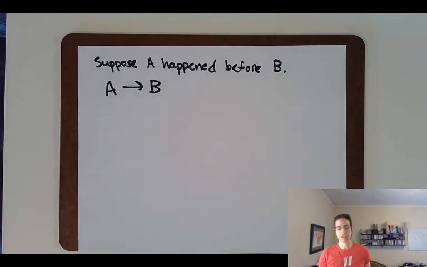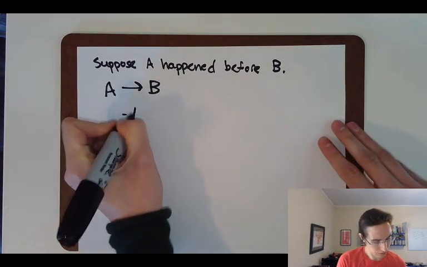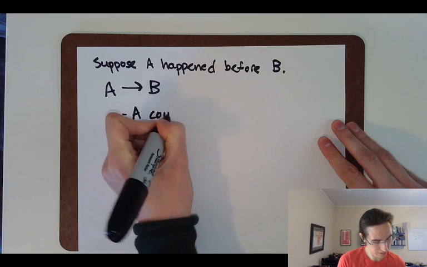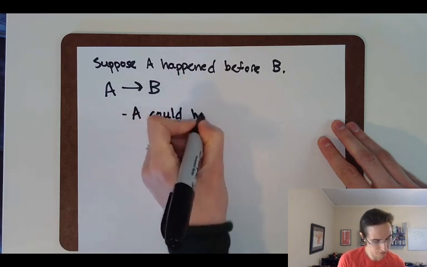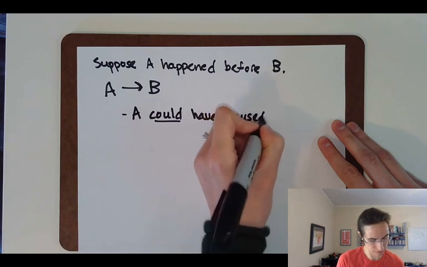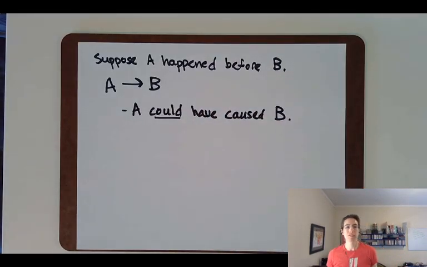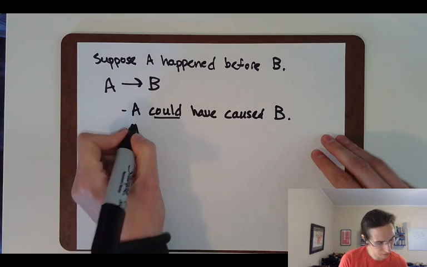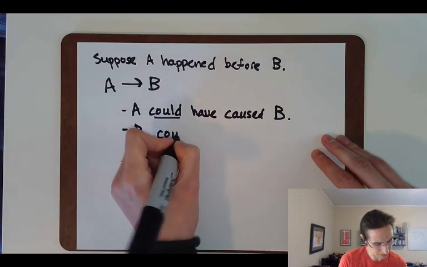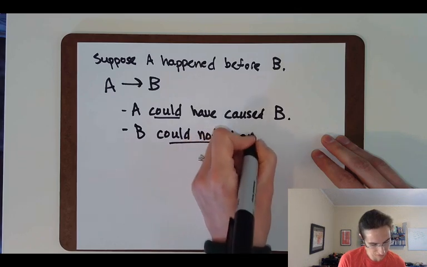So there's a couple things you know. If A happened before B, we know that A could have caused B. We don't know for sure that A caused B, but we know it could have. What else do we know? We know that B could not have caused A.